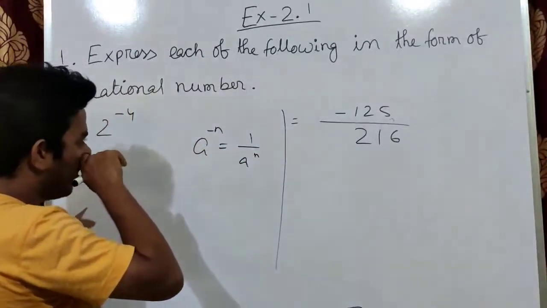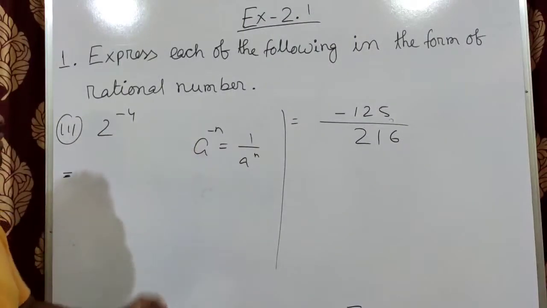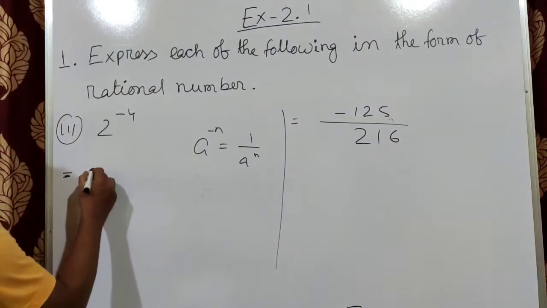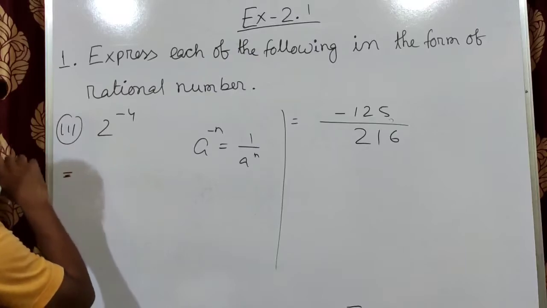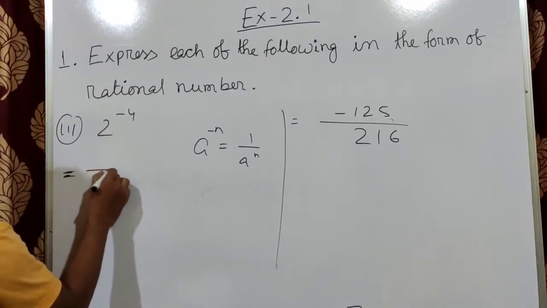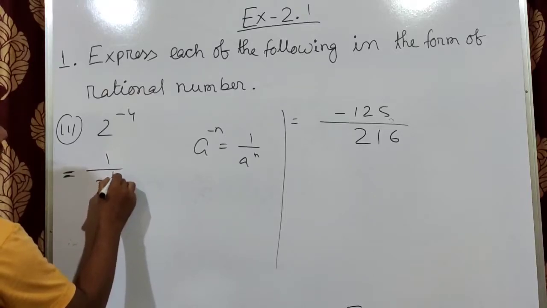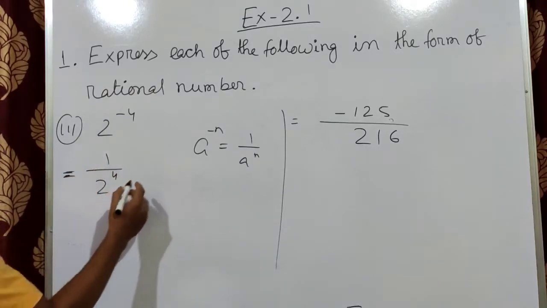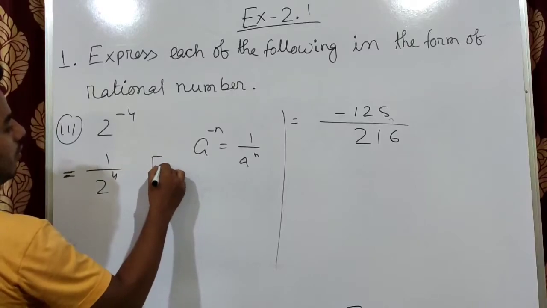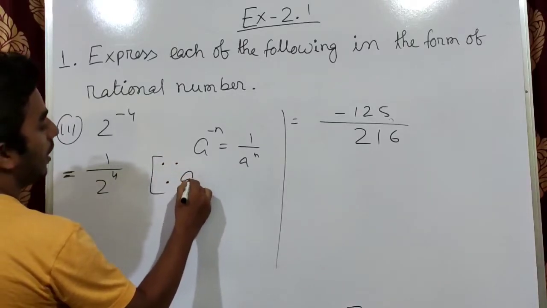Clear? Okay, so we will express 2 to the power minus 4 in this form. So it will be 1 by 2 to the power 4.